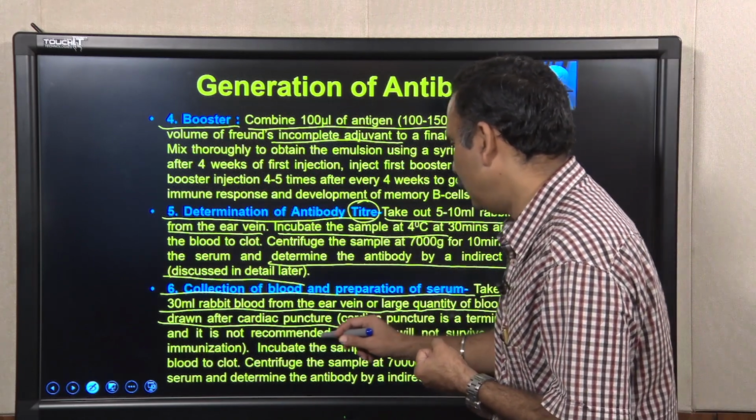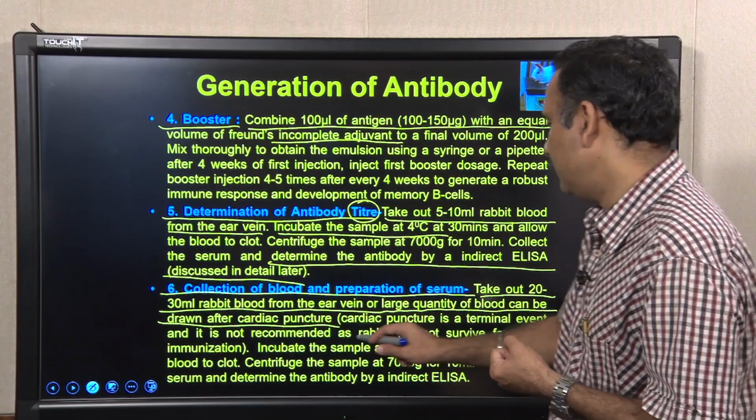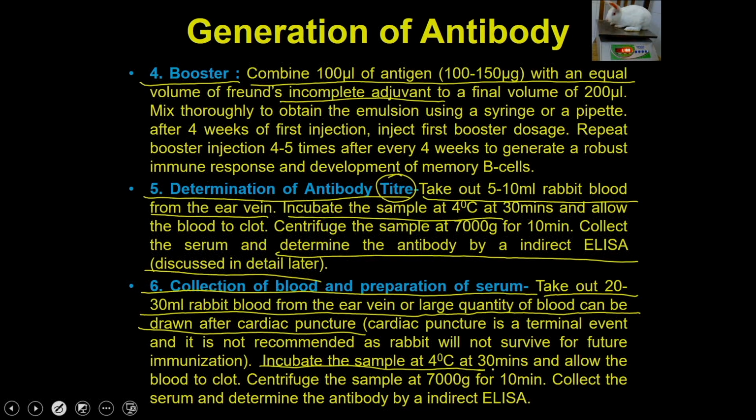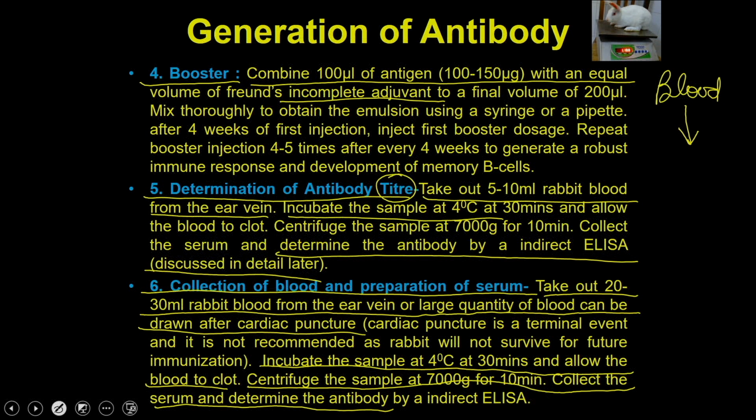Irrespective of the location, you have to incubate the sample at 4 degrees for 30 minutes and allow the blood to clot. Then centrifuge the sample at 7000 g for 10 minutes. Once the blood goes through the clotting reaction, you are going to get two fractions.